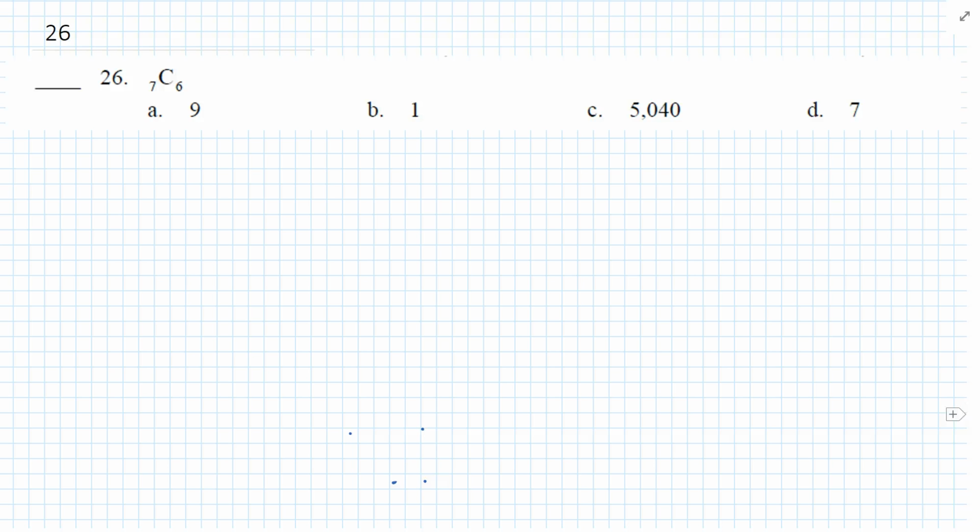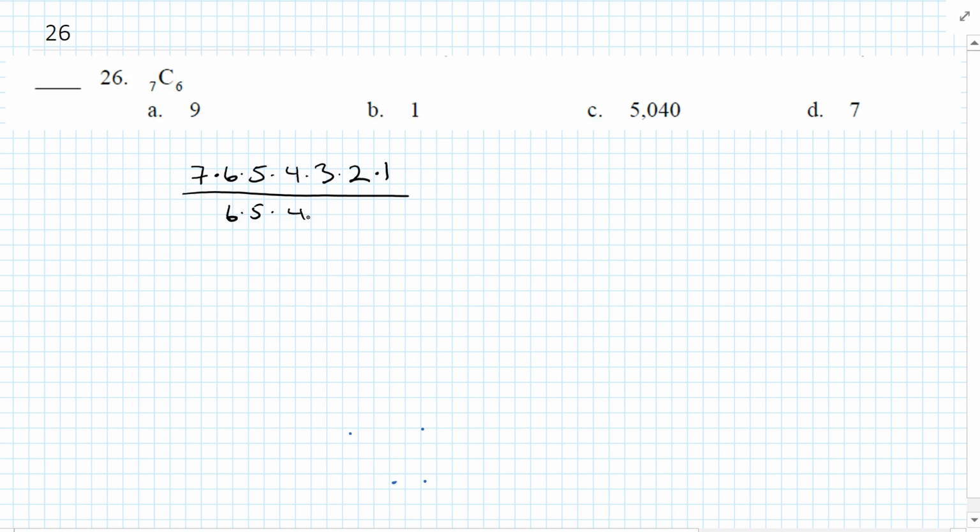26. All right. 7 combination 6. So basically, it's saying we're going to go this many terms up top. So combination looks like this. We're going to have 7 terms on top. 7 times 6 times 5 times 4 times 3 times 2 times 1 over 6 times 5 times 4 times 3 times 2 times 1.